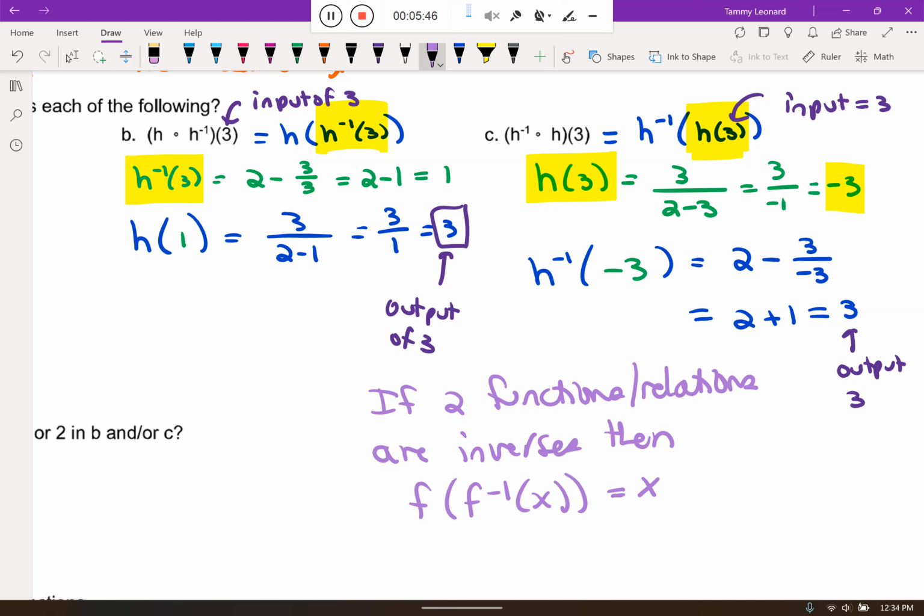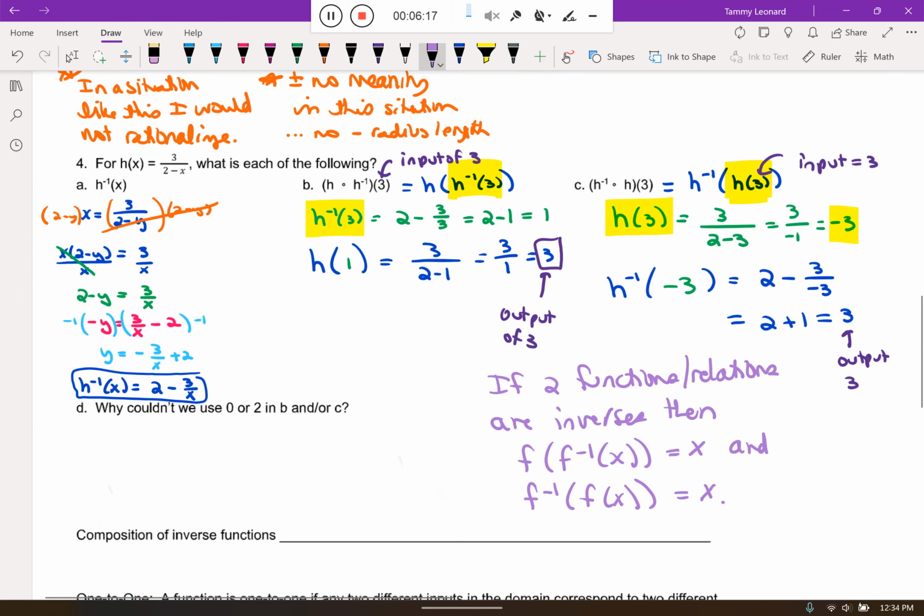In other words, whatever I put in, I'm also going to get out. And if I do it in the other order, f inverse of f of x will also equal x. So a function and its inverse have to completely undo each other. So if f inverse does a bunch of things to x, and then I take f of that answer, it undoes all the things that f inverse had done, and it leads me back to my original input.